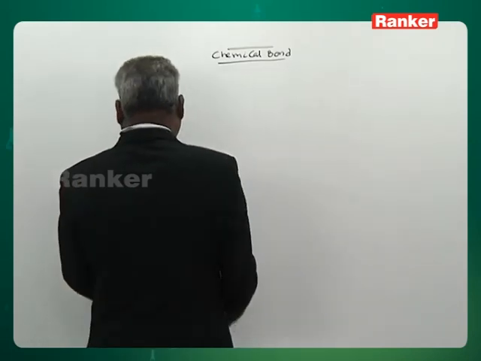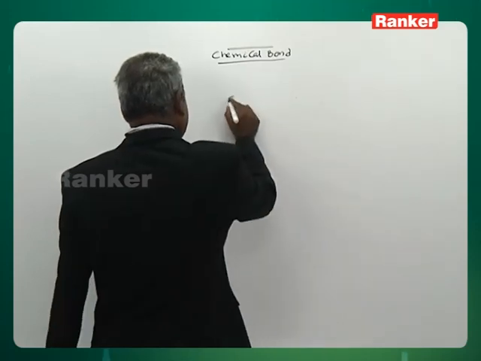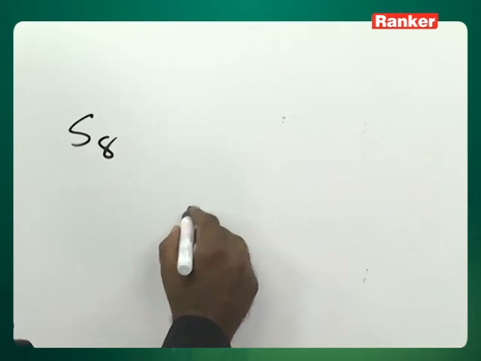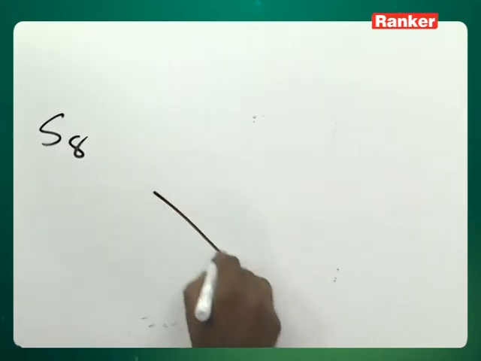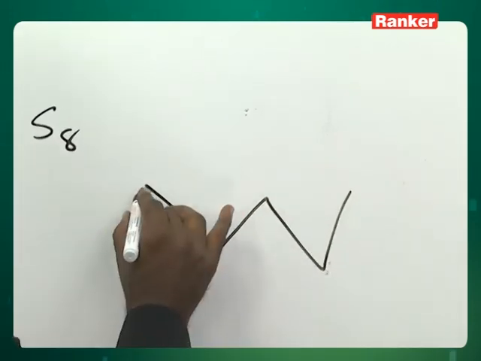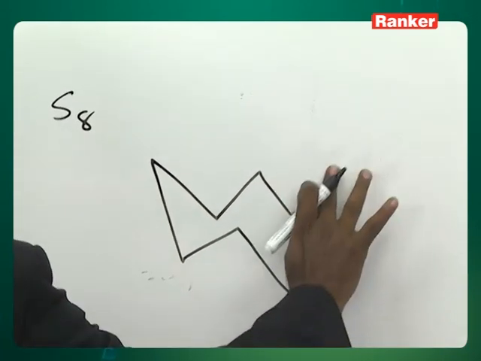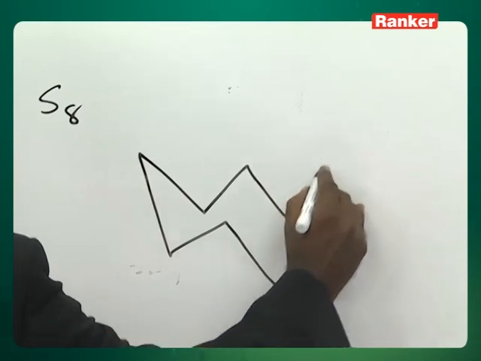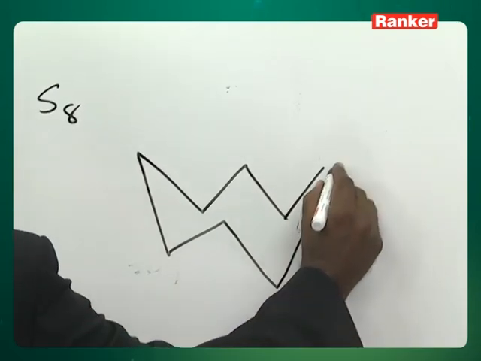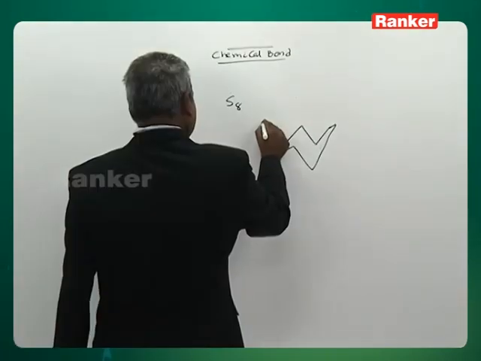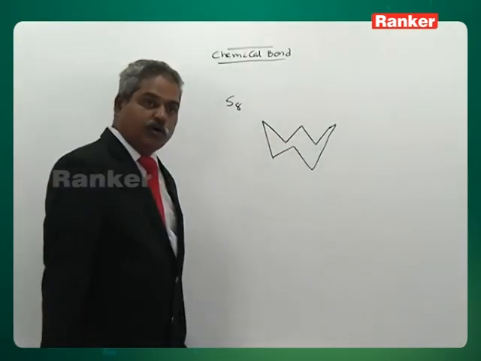S8, 8 sulfur atoms in one molecule. You should write 8 sulfur atoms. You also know when sulfur forms two bonds, it is left with two lone pairs.